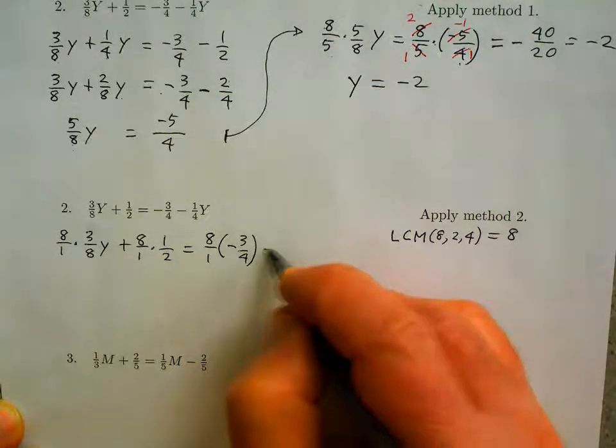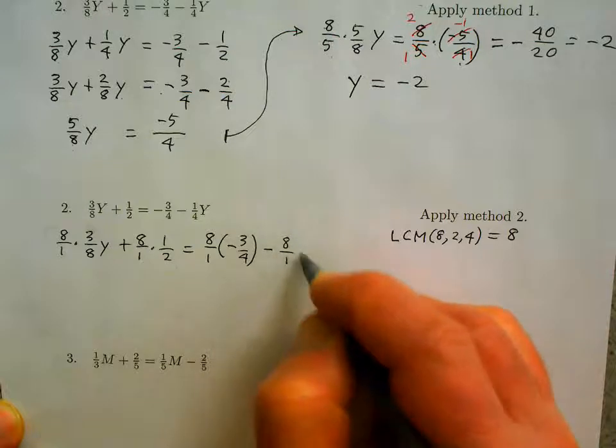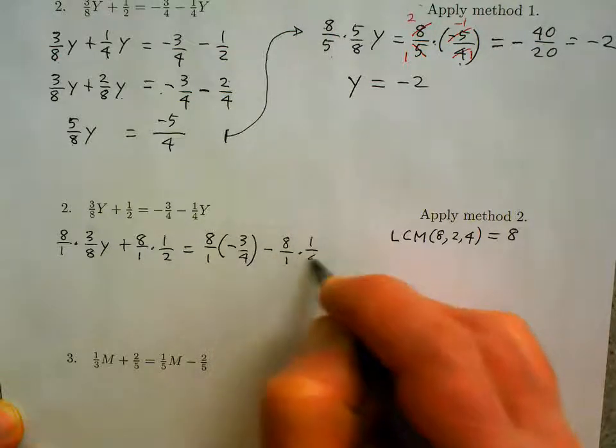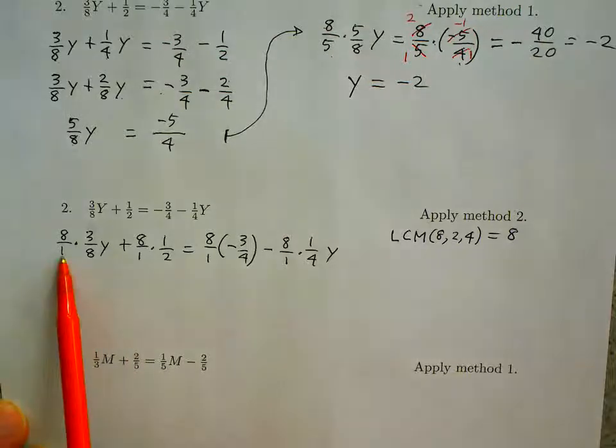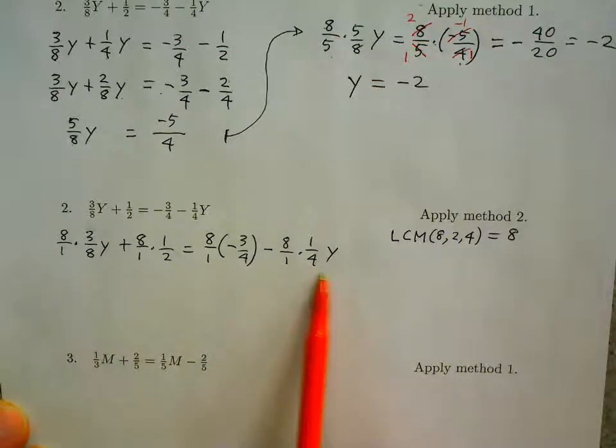And then minus 8 over 1 times 1 over 4 times y. It will look worse before it looks better. That's often the case in life.